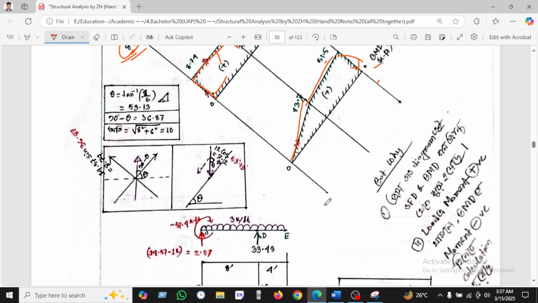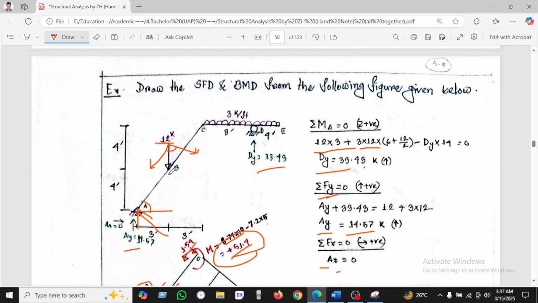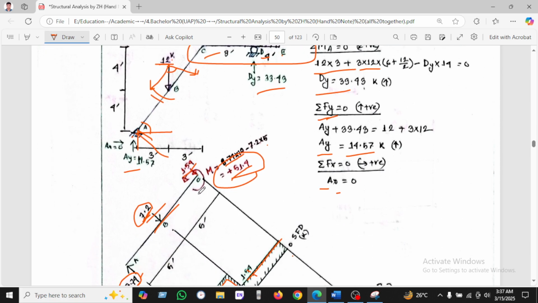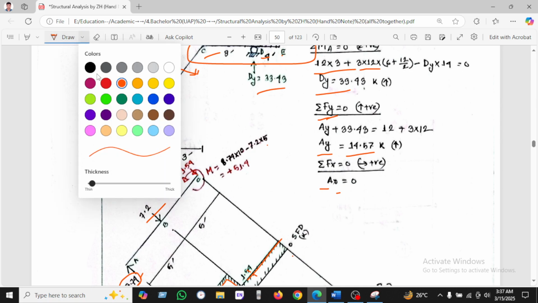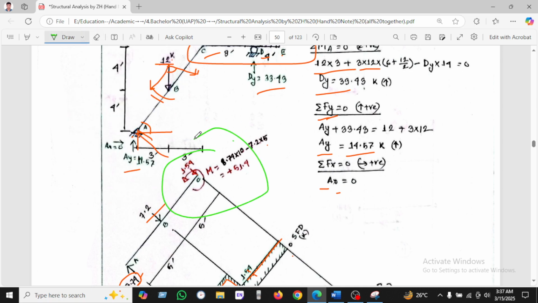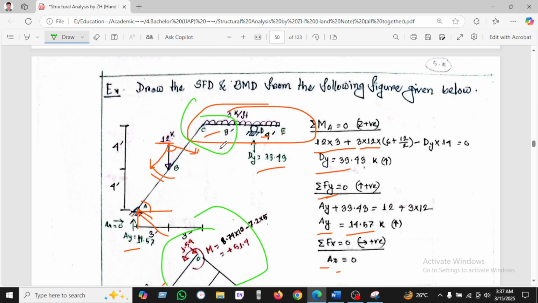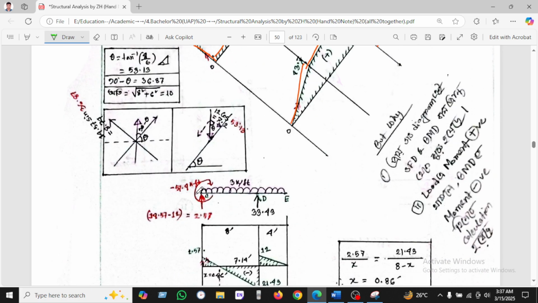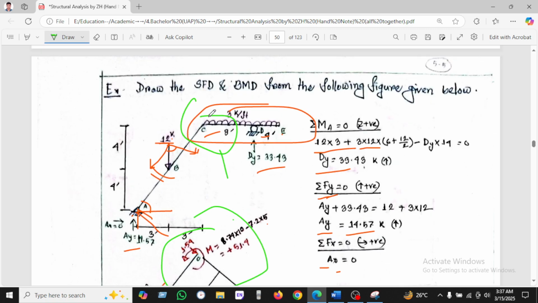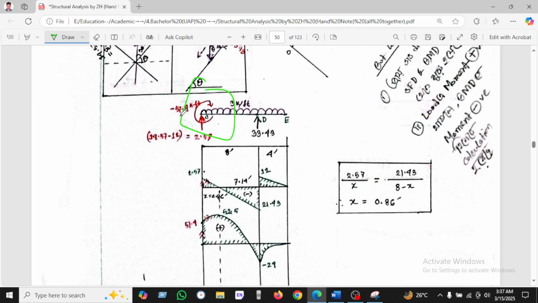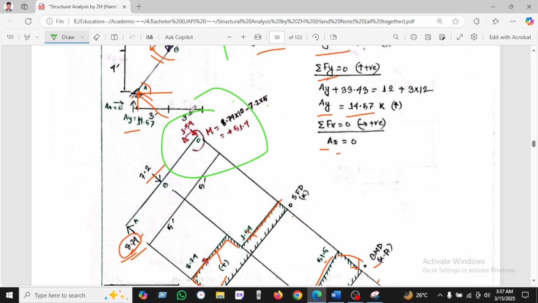Okay. So this component has ended. Now we'll calculate the C, D, E component. We'll take this moment before going here. As we know this is the same point, we will take this moment continuously in the same zone. Okay, let's see. We're transferring the moment, but it will be opposite.